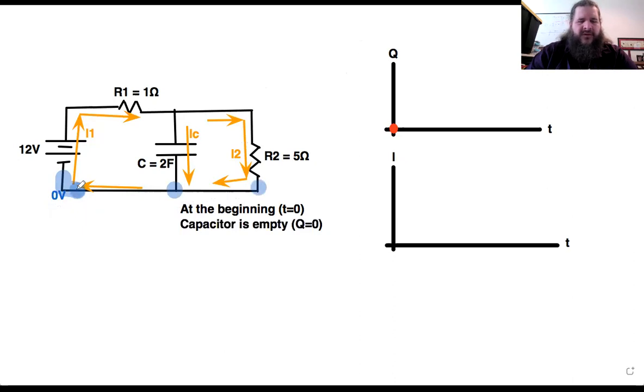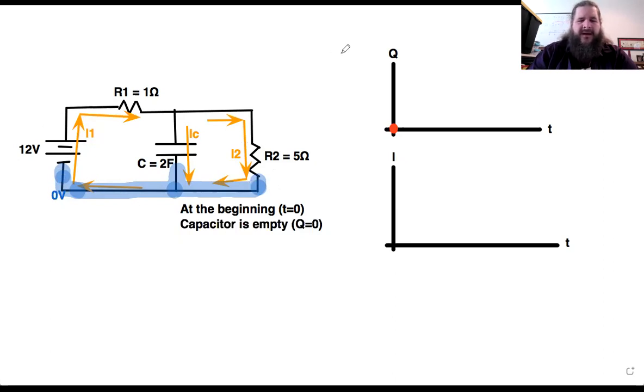If you've got points that are connected by just wire, they're going to be at the same voltage. So it's not just that this corner is 0 volts, it's that this entire section of wire is a 0 volt region.